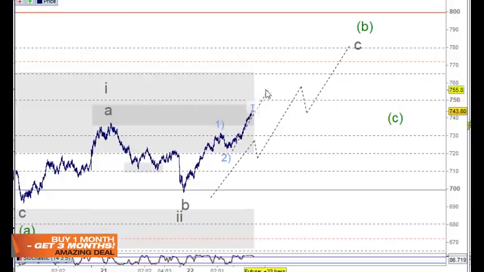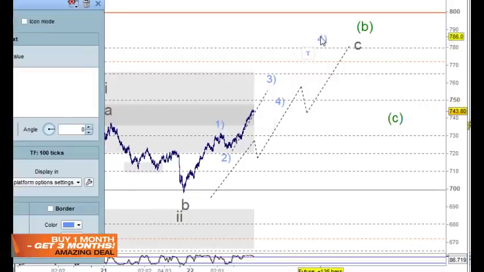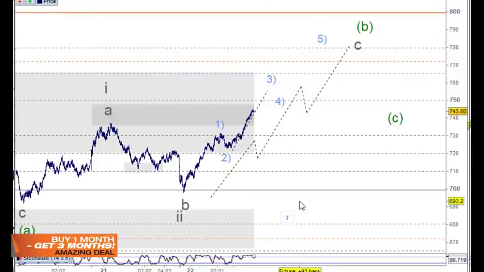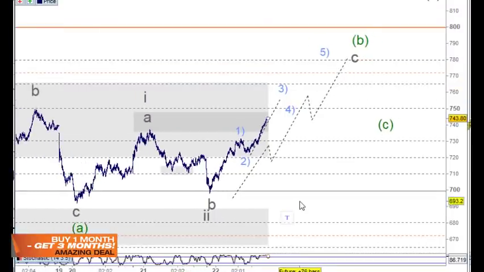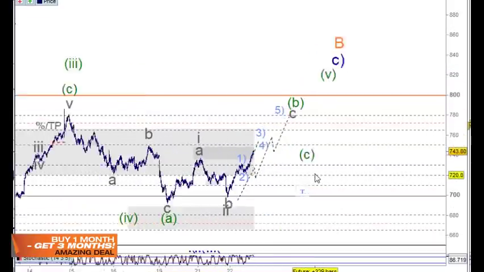I mean, wave 3 is normally longer, but I'm just putting it at absolute minimum here. So yeah, I see 5 waves moving up higher for this here. So maybe that wave 4 is in play there, and this is wave 1 and 2 and 3 and 4 and 5 moving up higher.